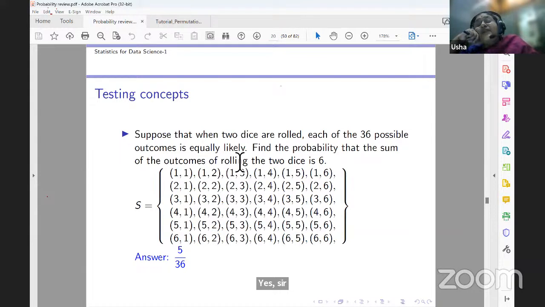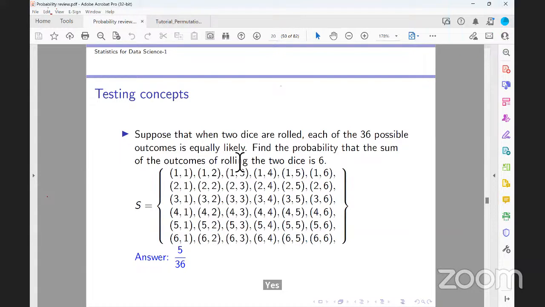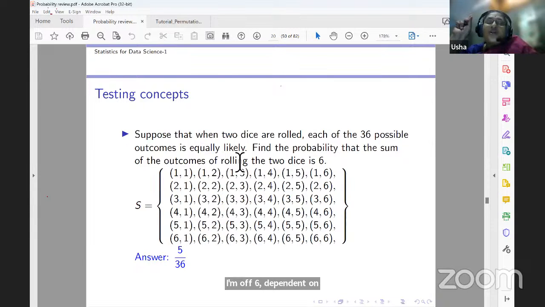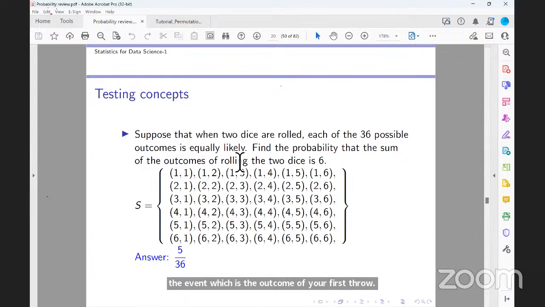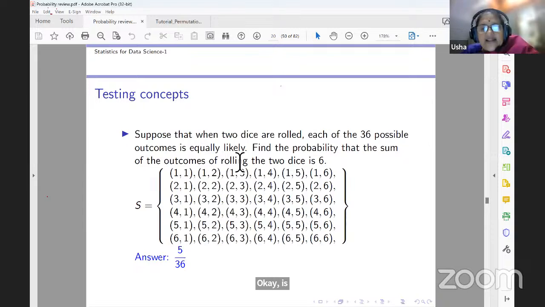Is E3 dependent on E2? Yes, ma'am. So now at a conceptual level, without any mathematics, you know what a dependent event is. Can I say that getting a sum of 7 is independent of whatever was my first throw? Yes, ma'am.